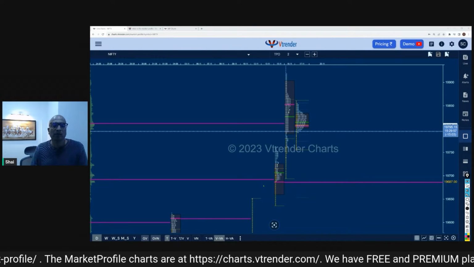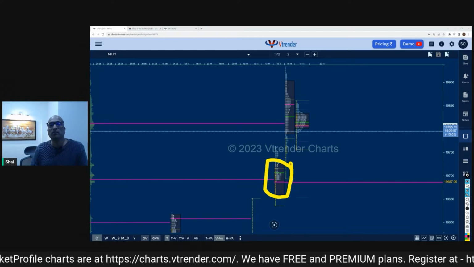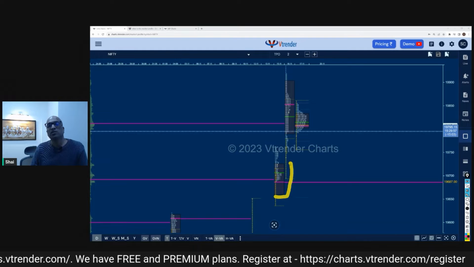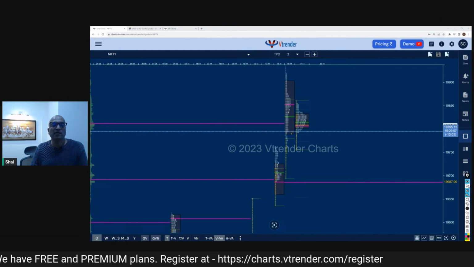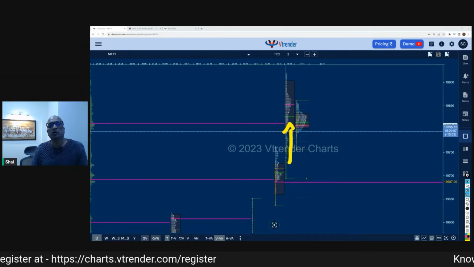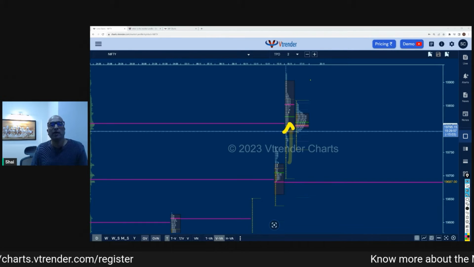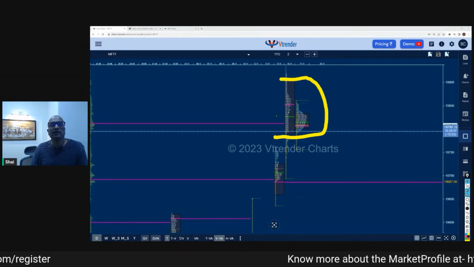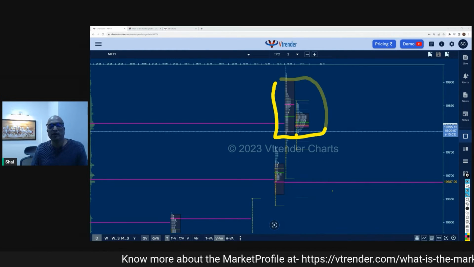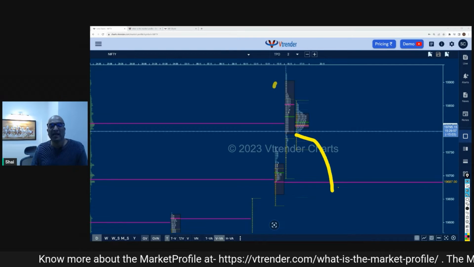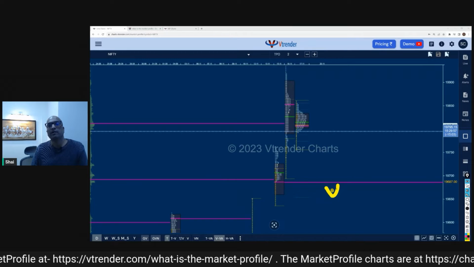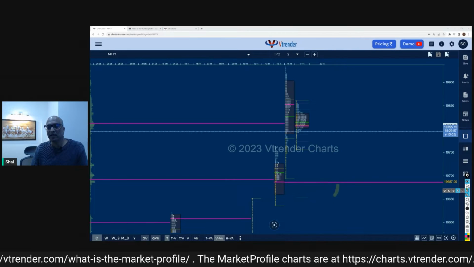As soon as you see the market is above the value area of the previous day, you can infer that the buyers are more in control, and the bias needs to be on the long side. If it's in the value area of the previous day, then it's a sideways zone. And if it is below the value area low of the previous day, then it is a seller's market. The bias belongs to the seller, right?